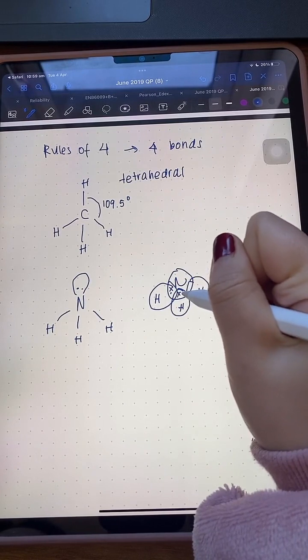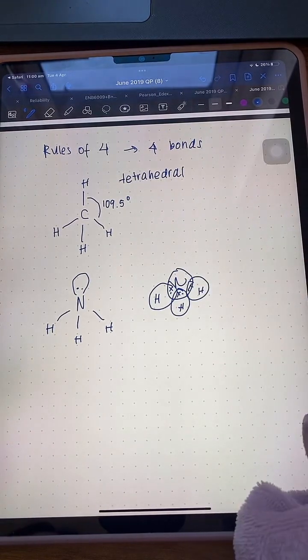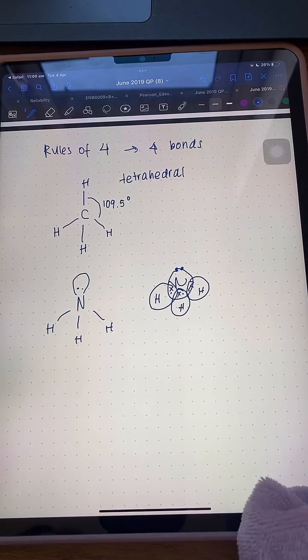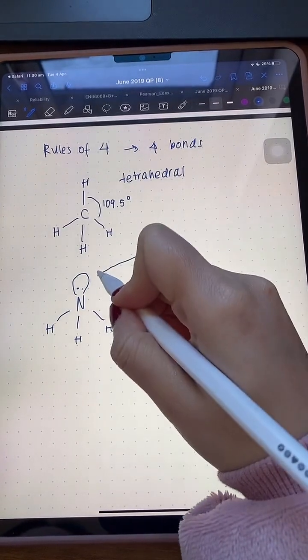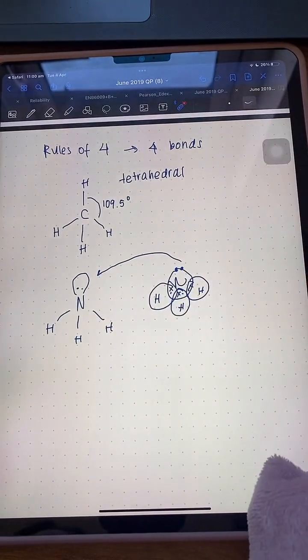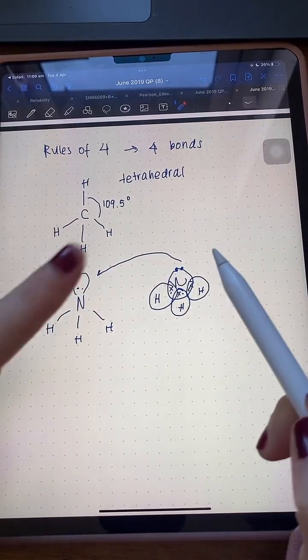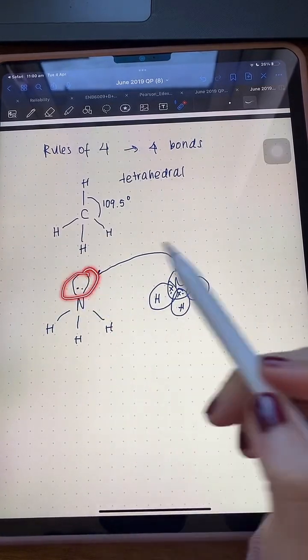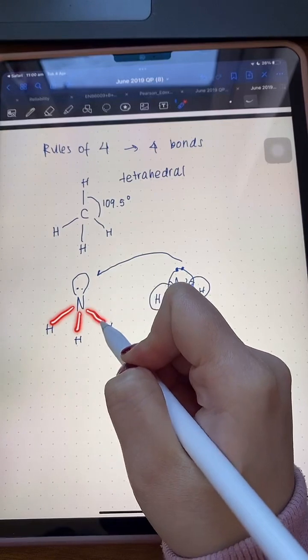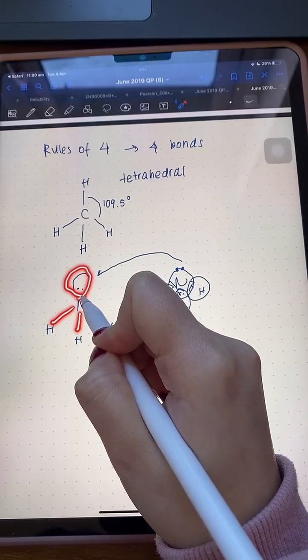Ammonia is in group 5, so it has 2 extra electrons. And that's your lone pair. You can see here that it still has 4 bonds, but one of the bonds is a lone pair. So again, bond 1, bond 2, bond 3, bond 4. Once again, 4 bonds.